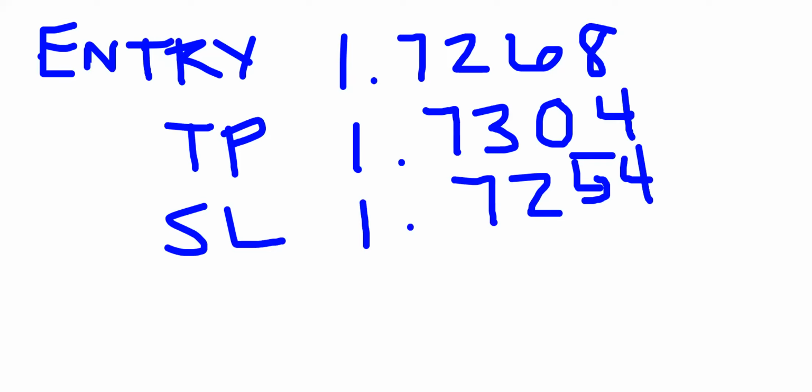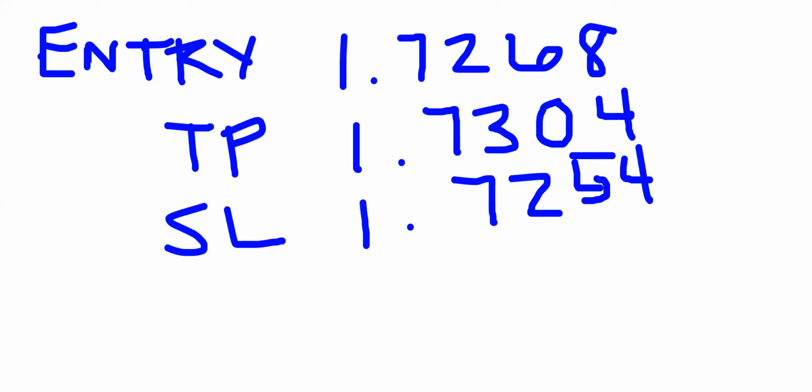The take profit is higher than the entry. So remember, wherever you're entering, if your take profit is higher, then it's a buy, because that means you want it to go up to that point. If the take profit is lower, then it's a sell. Excellent job answering that.